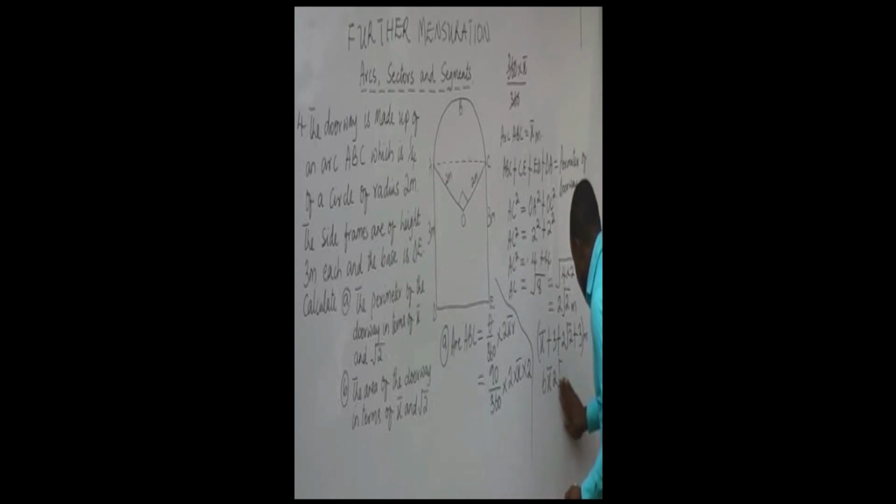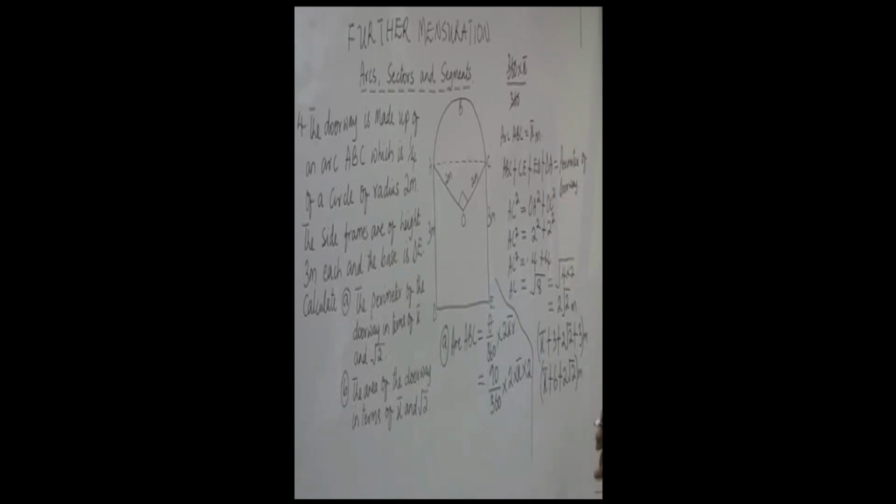Sorry, they are not multiplying themselves. It's going to give us pi plus 6 plus 2 root 2 meters. That is the correct way to represent it. And that has answered question number A of that question number 4.